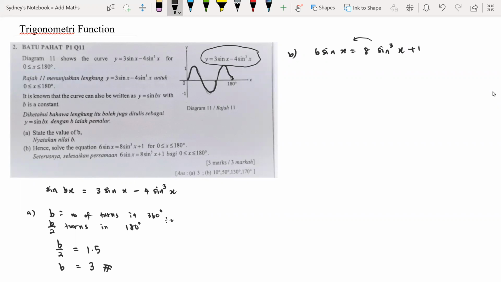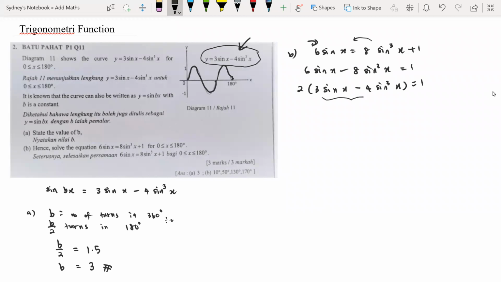No matter what, we have to rewrite the given equation so that it is in a format similar to the graph given. So we have 6 sine x minus 8 sine cube x equals 1, and we factorize to get 3 sine x minus 4 sine cube x equals 1 over 2.